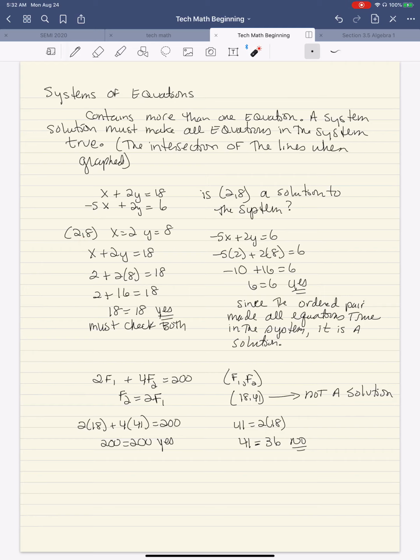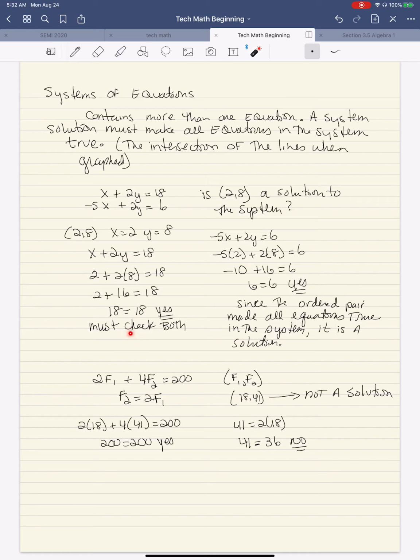Using the first equation, x plus 2y equals 18, I put in 2 for x, plus 2 times 8 for y. That's supposed to be 18, so 2 plus 16 equals 18.